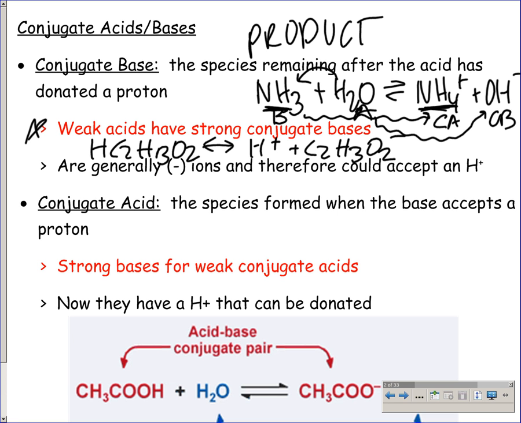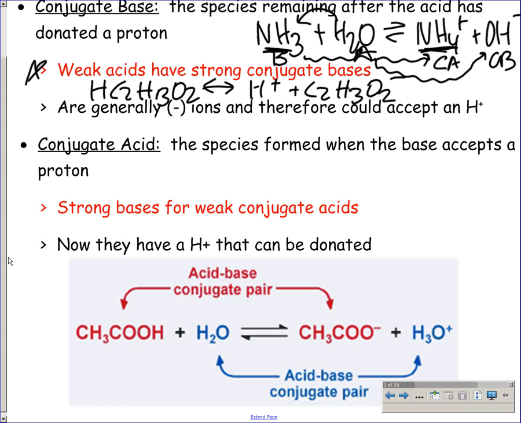So it's going to yield a weak conjugate base. Same thing down here for conjugate acids. I showed you the example up there. But strong bases make weak conjugate acids. So strong stuff makes weaker conjugates. Weak stuff makes stronger conjugates.